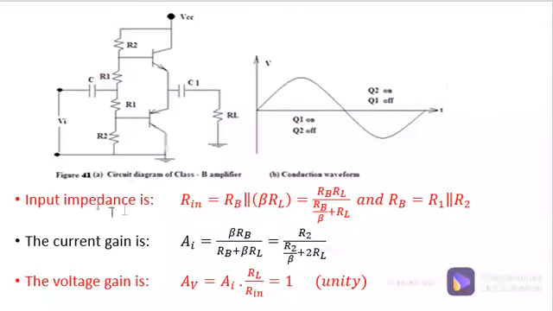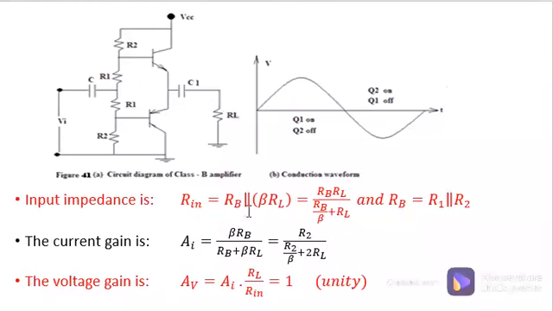The input impedance to this circuit, that's the total resistance that the class B amplifier will see. Rin is equal to Rb in parallel with beta RL, where Rb is the equivalent resistance between R1 and R2 for both transistors, beta is the gain amplification of the amplifier, and RL is the load resistance, which I said is the loudspeaker, either 4 ohm, 8 ohm or 16 ohm.